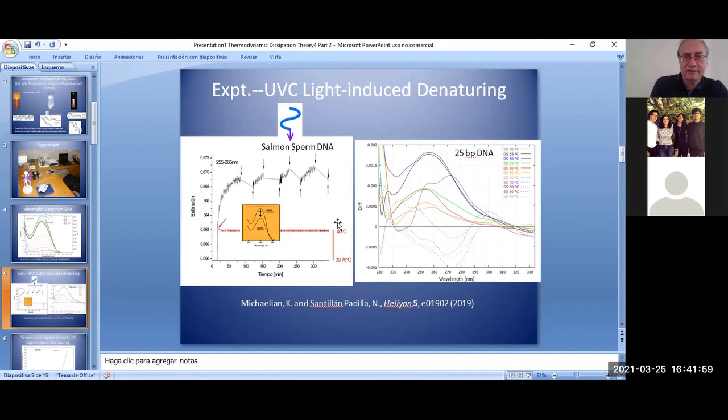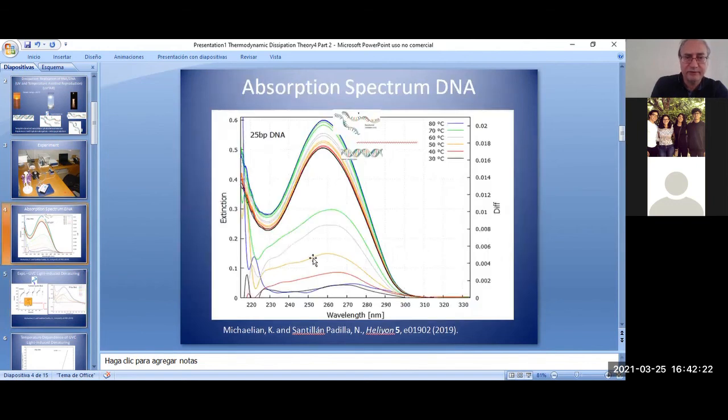And we can also look at this, and this again is this hypochromic effect. When you get denaturing, you get an increase in absorption. And this is the same, but this is really as a function of wavelength. So these are the difference curves for light-induced denaturing, the same as these curves at the bottom here for heat-induced denaturing.